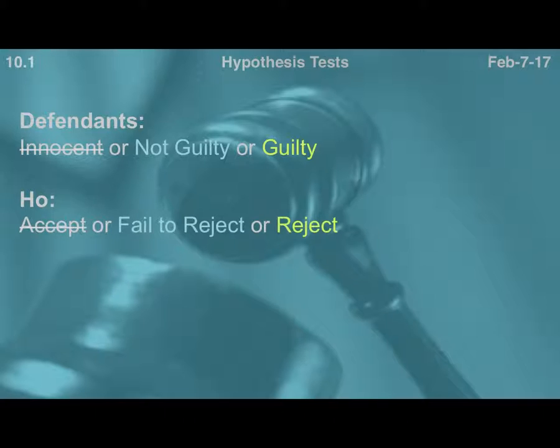Case one, you reject the null, you found evidence for the alternative. Case two is that you fail to reject the null. In the case of failing to reject the null, you do not find sufficient evidence for the alternative.